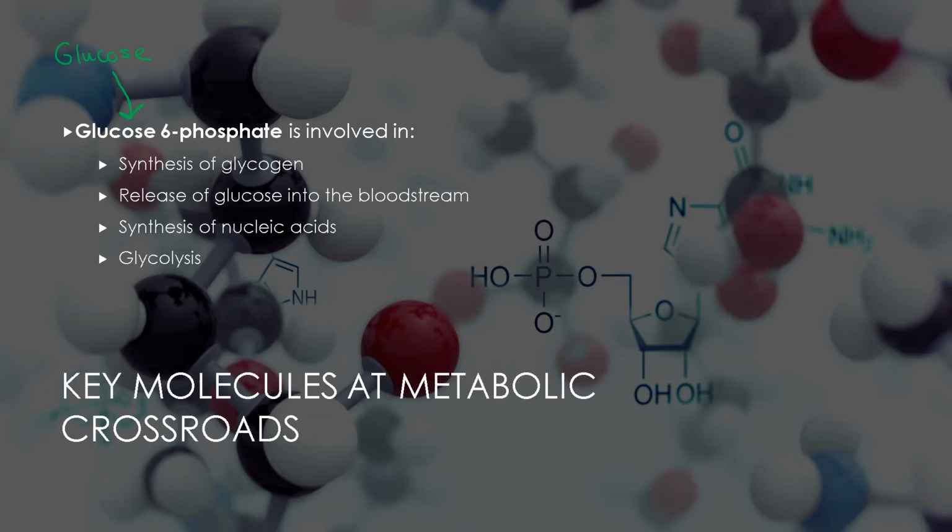The first one would be the synthesis of glycogen. So when glucose is really, really abundant in the bloodstream, like after you have a large meal, there's a large amount of glucose 6-phosphate that is used to synthesize glycogen. So we can store that glucose form in glycogen.